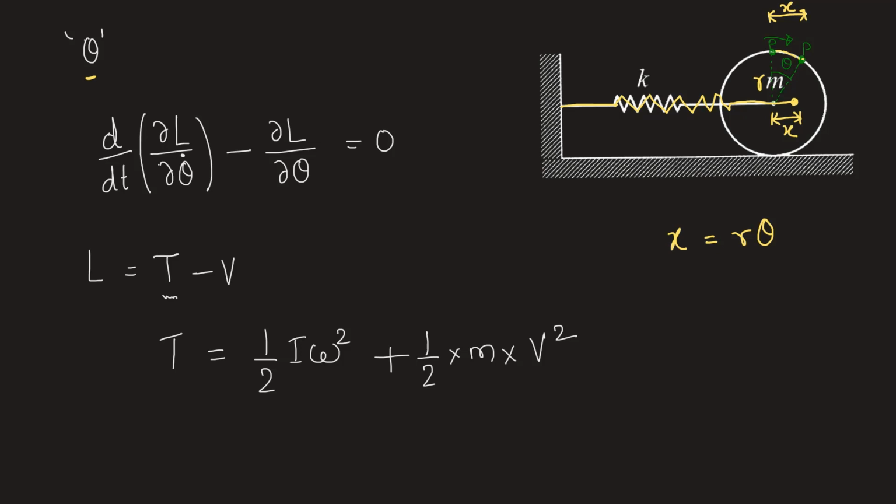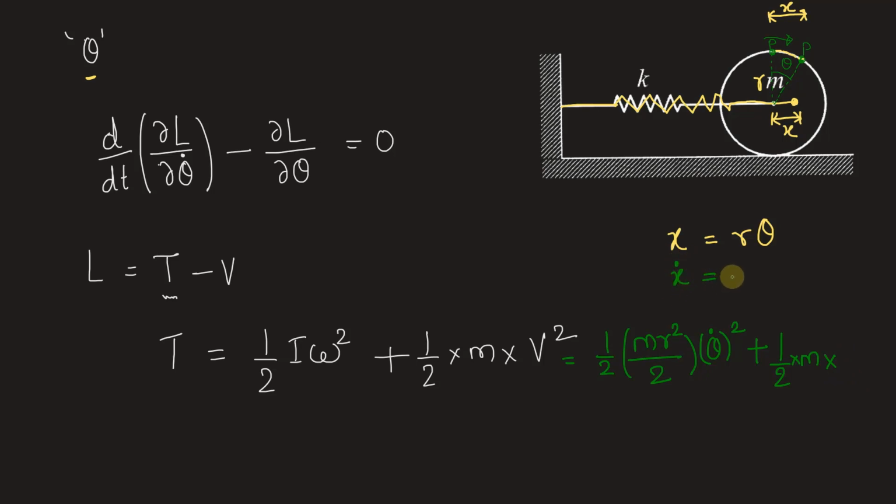Let's substitute and find this out. We have half into the mass moment of inertia of the disc, given by m r square divided by 2, into omega, which can be written as theta dot, whole square. That is, angular velocity is the derivative of rotation theta. Plus half into mass into translational velocity v, which can be calculated by differentiating the translational displacement x.